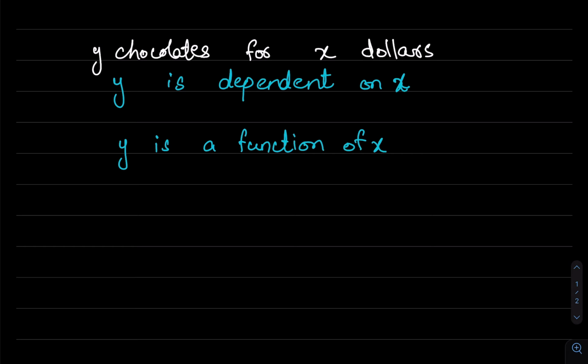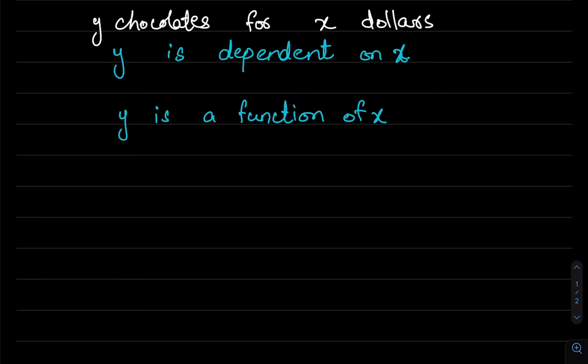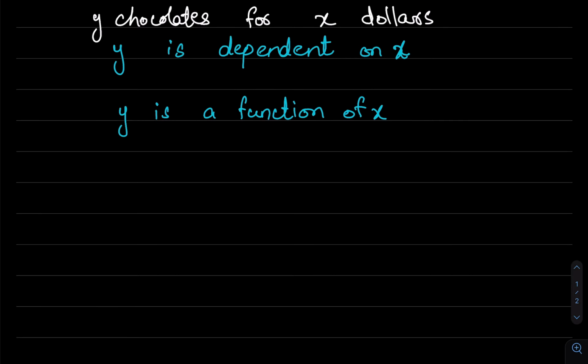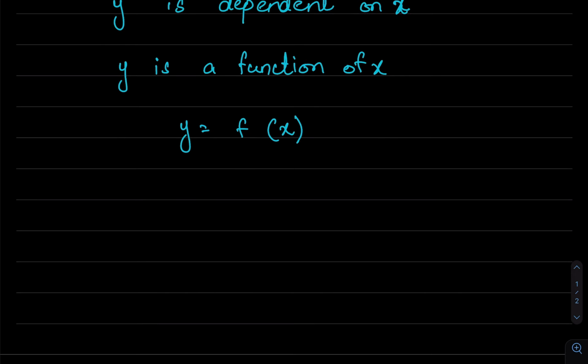And I'll tell you the notation for it. Function notation. We write this as y equals f of x. The way we read it is y equals f of x. And now the f here, this is the name of the function.